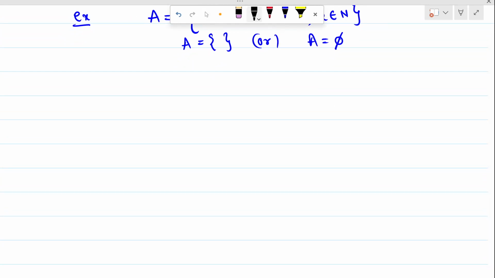Finite and infinite set. A set which is non-empty and consists of a definite number of elements, that is, its elements are countable, is called a finite set.